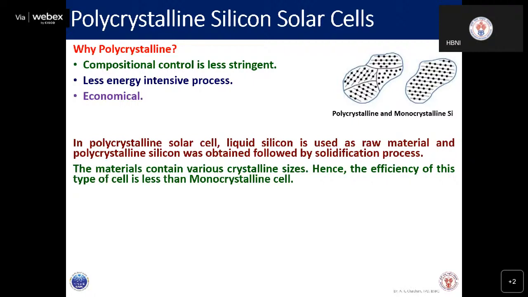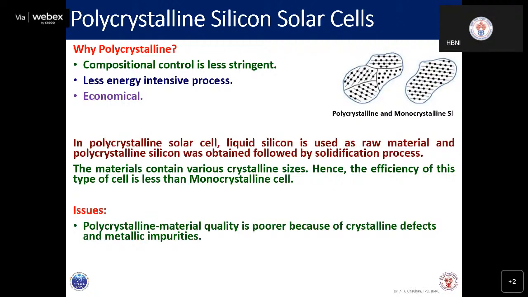In order to make a single crystal, you need to have a seed. After melting, you need to keep the melt at that high temperature for a very long time. Then you put a seed and slowly pull the crystal out of it. The material which you have just poured or solidified from the melt will contain various crystalline sizes, and hence the efficiency of this type of cell is less compared to the monocrystalline, but it is not that much less.